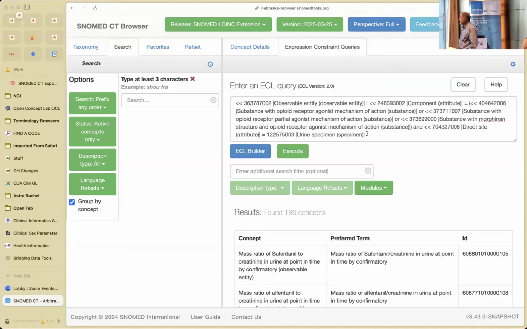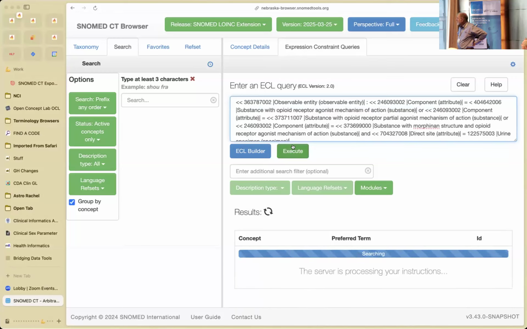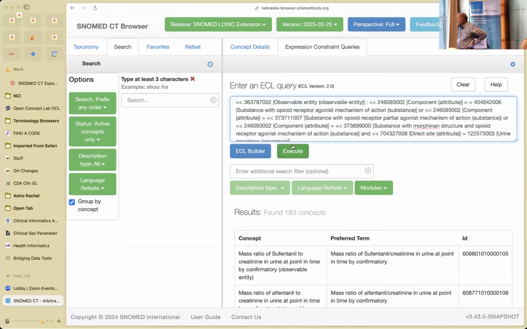Now, let me go get the one that's an ECL that breaks it out with component 3 times, right? So component equals or component equals, right? No other difference. Exactly the same thing. Execute. 183 concepts.